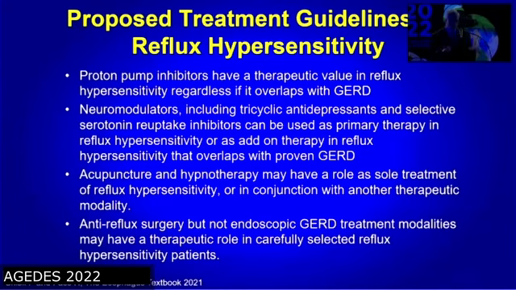Neuromodulators like TCAs and SSRIs can be used as primary therapy or as an overlap. Acupuncture and hypnotherapy may be used as sole therapy or in conjunction in case of overlap. And anti-reflux surgery, but not endoscopic GERD treatment modalities, may have a therapeutic role in carefully selected reflux hypersensitivity patients.